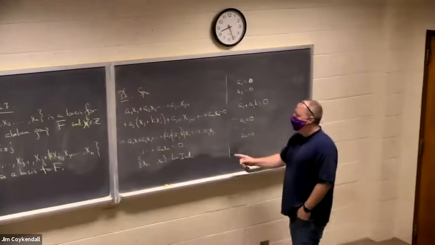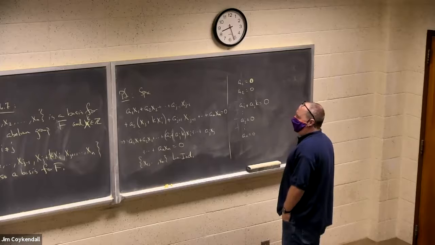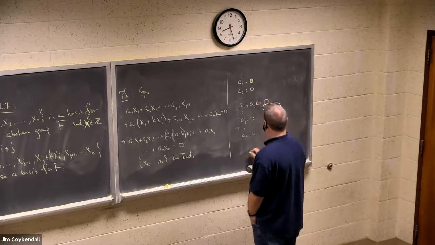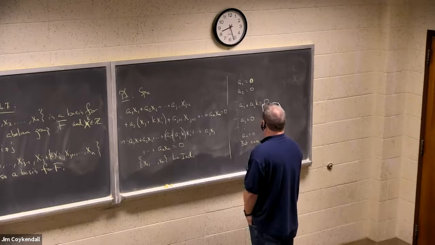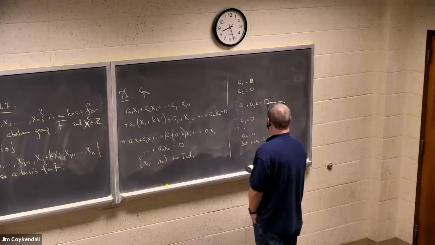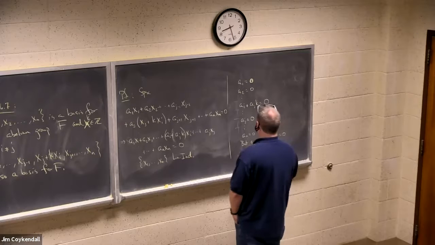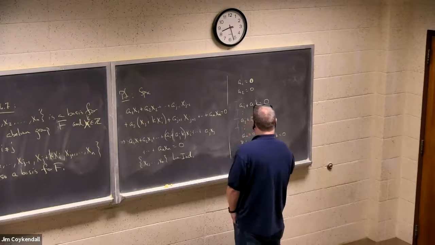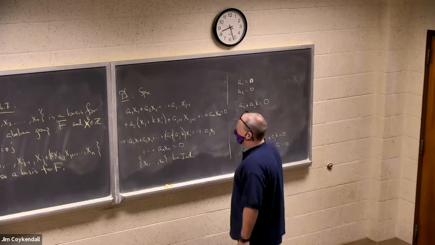So I've got every coefficient being 0. Since Ai plus Aj k is 0 and Aj is 0, this implies Ai is also 0.